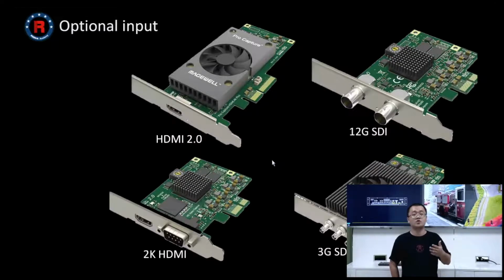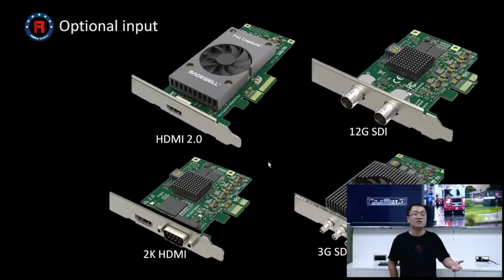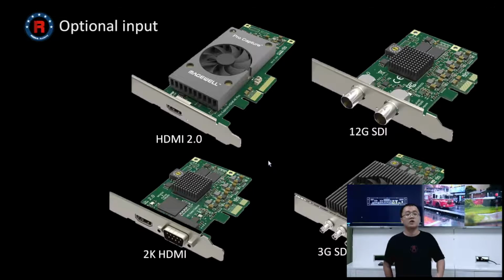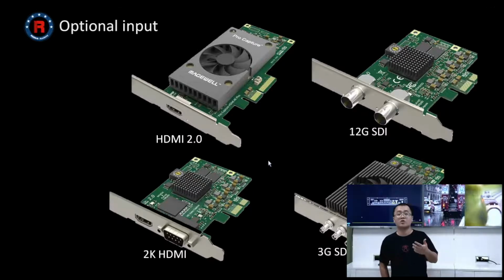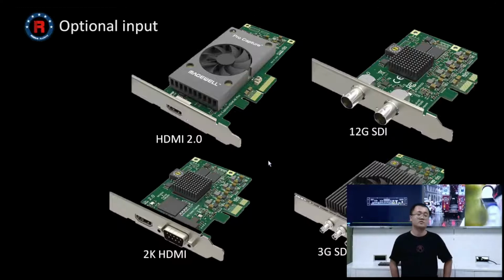And for 2K real-time content, we also have a solution. This type is 3G SDI and 2K HDMI capture, to collect different camera signals to meet the different requirements you want.